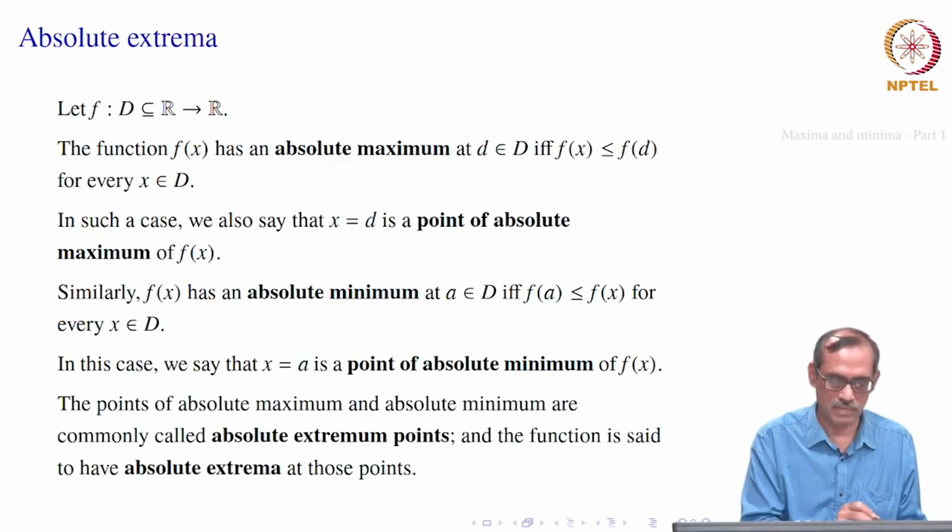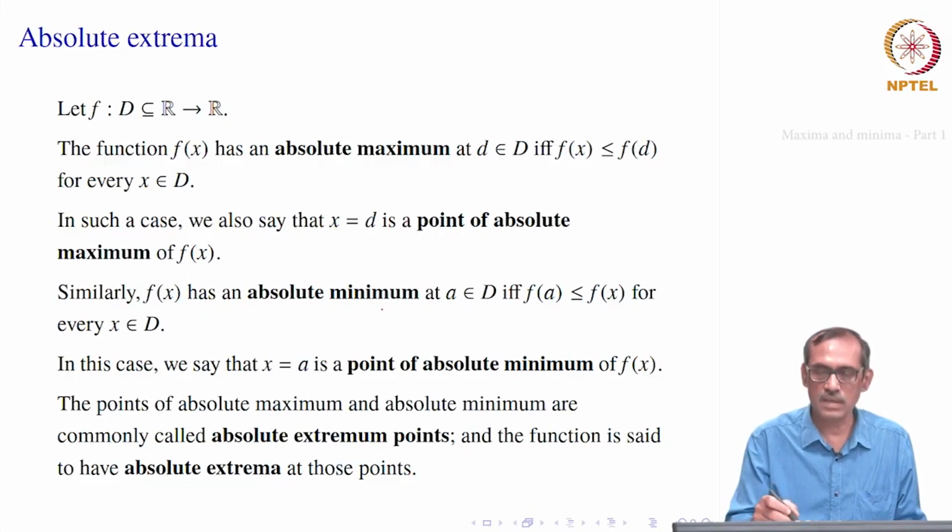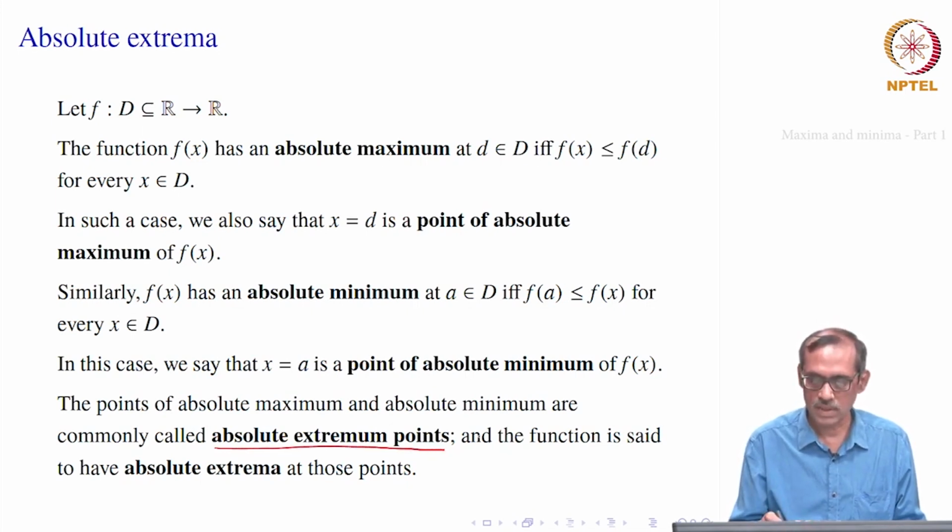These are fairly straightforward, coming just from the English language. Whether it is maximum or minimum, it is called an extreme point or absolute extreme point, so both A and D are absolute extreme points here, and the function is said to have absolute extrema at these points.